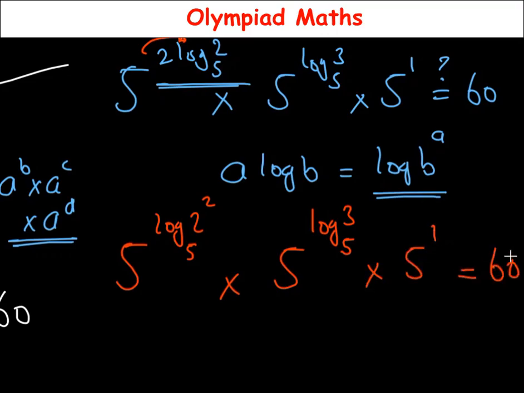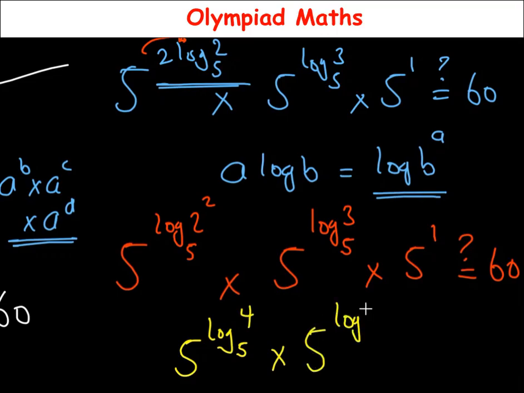This is then equal to 5 raised to power logarithm of 4 base 5, times 5 raised to power logarithm of 3 base 5, times 5, since 5 to the power of 1 is 5. Does this equal 60?